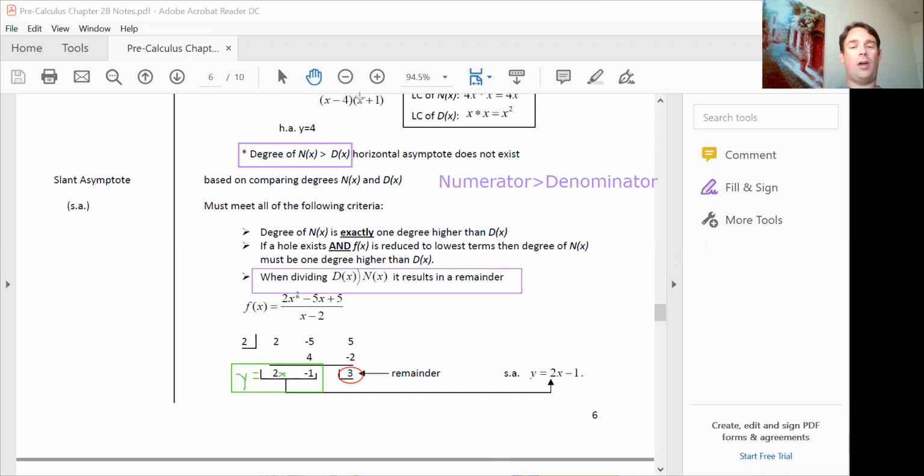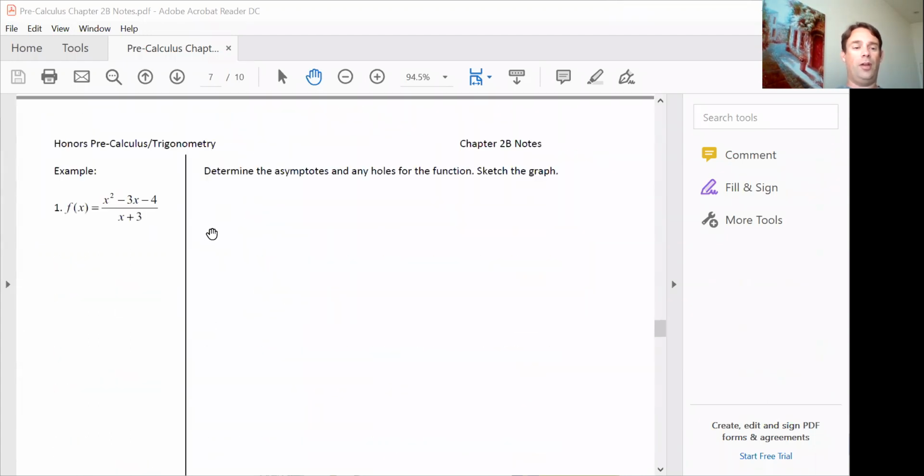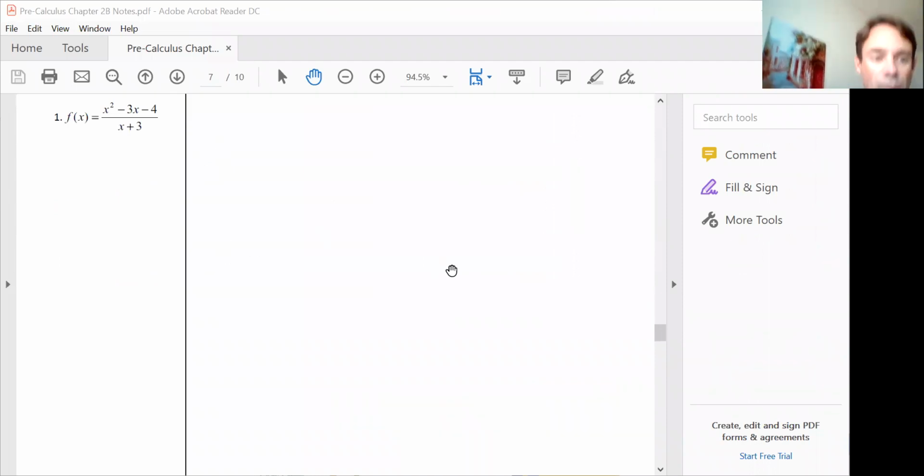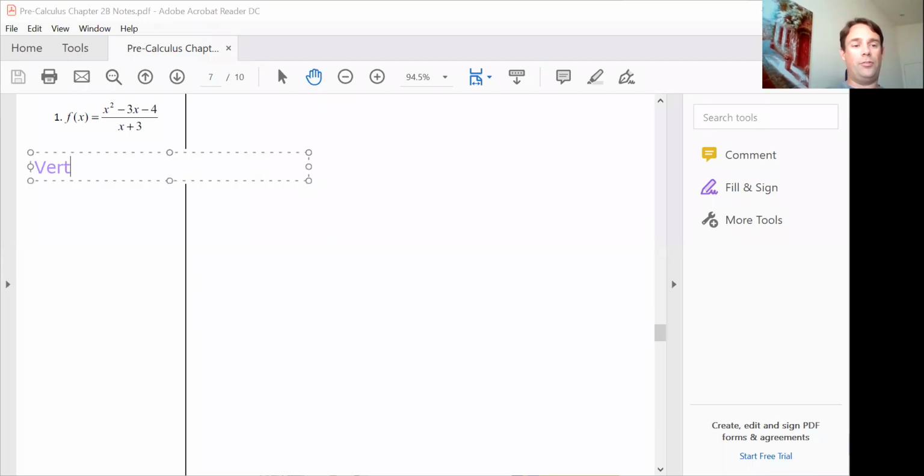So this is going to be kind of what we play with today. All right, and it's going to be a little bit longer. We had a couple short ones ahead of time, but we're going to get something a little bit longer today. So what I'm going to ask that you guys do on this is we're going to come up with the vertical asymptotes, the horizontal asymptote, the slant asymptote.